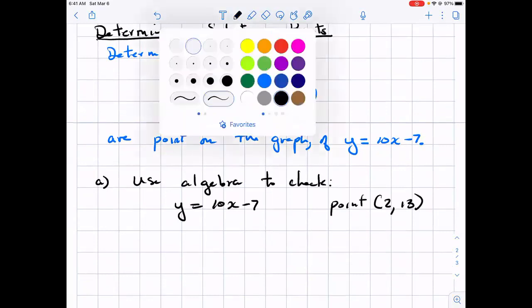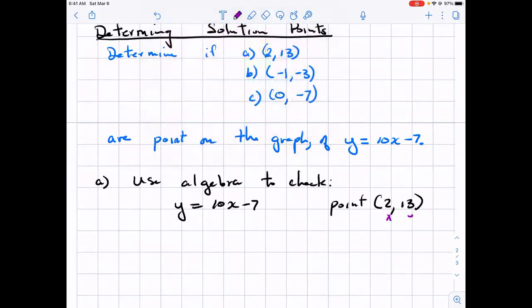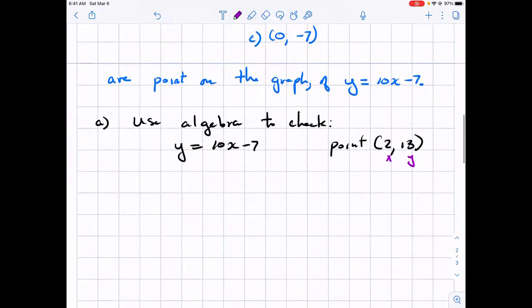So we have to recall that this is x and that's y. So instead of y, we write 13 is equal to 10, and instead of x, we write 2, and then we subtract 7.